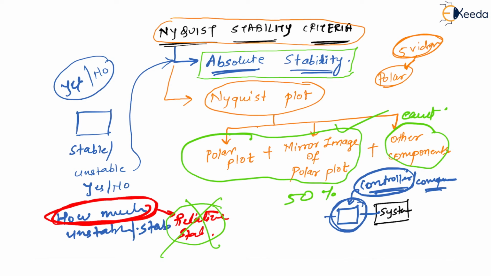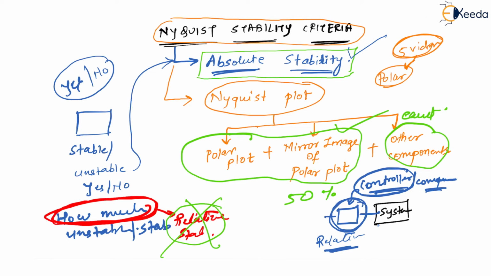This is a very important point. So you should also know the relative stability. But if you check out here, this is the disadvantage of this plot, that it does not give you relative stability. It only tells you about absolute stability. So you have to make a note of it.